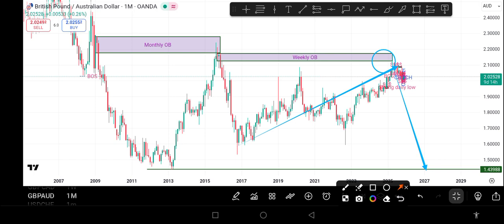But I must know the directional bias. This is the very important thing you should know. Once you know the directional bias, you can't miss.